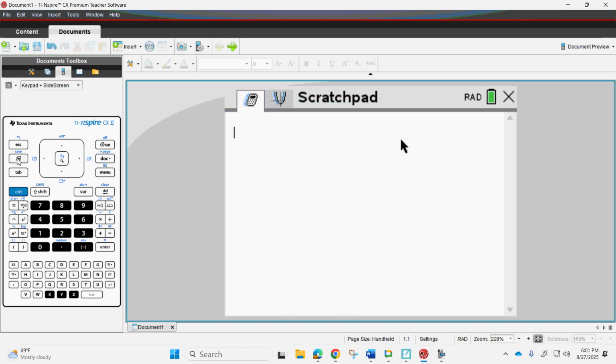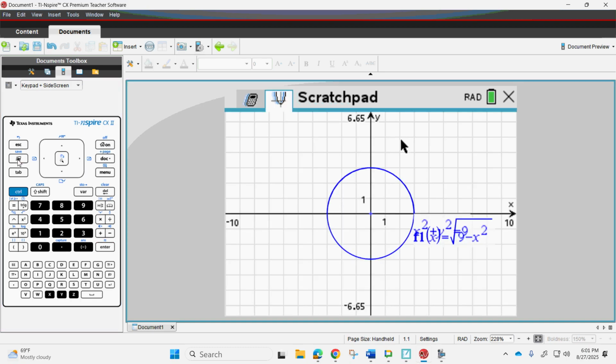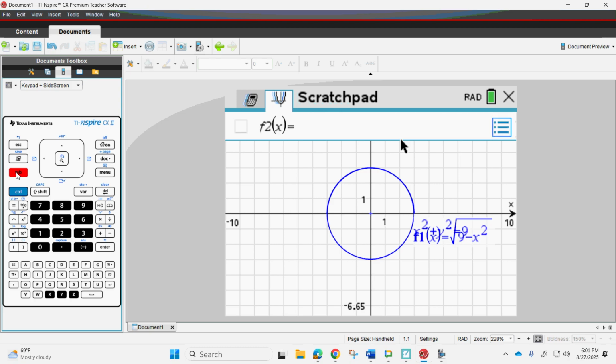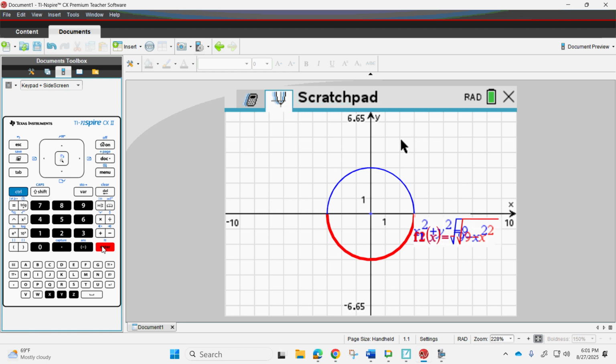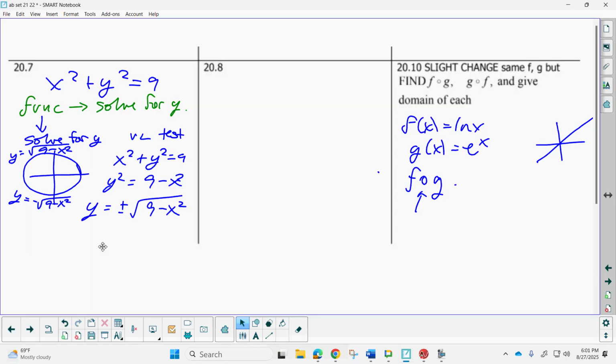And if I then did the opposite of the root of 9 minus x squared, that's the bottom. You can see it makes the circle. All right, that's the point. But you need to be able to do both is what I want you to understand.